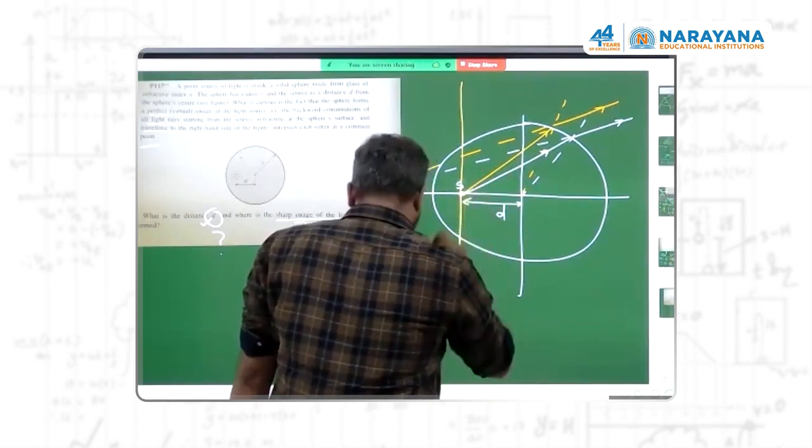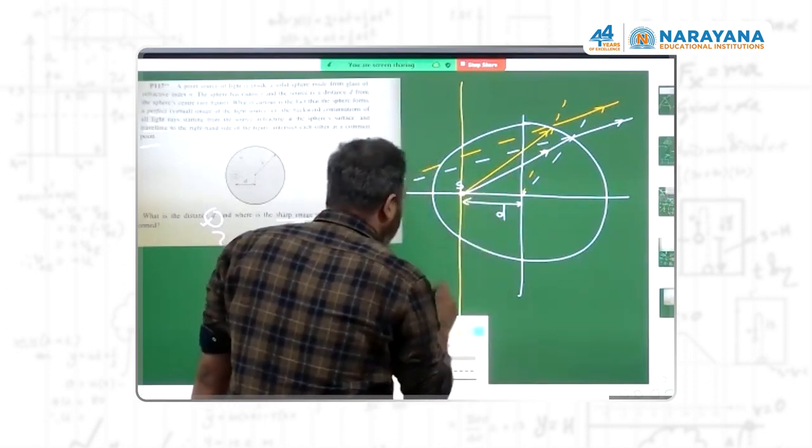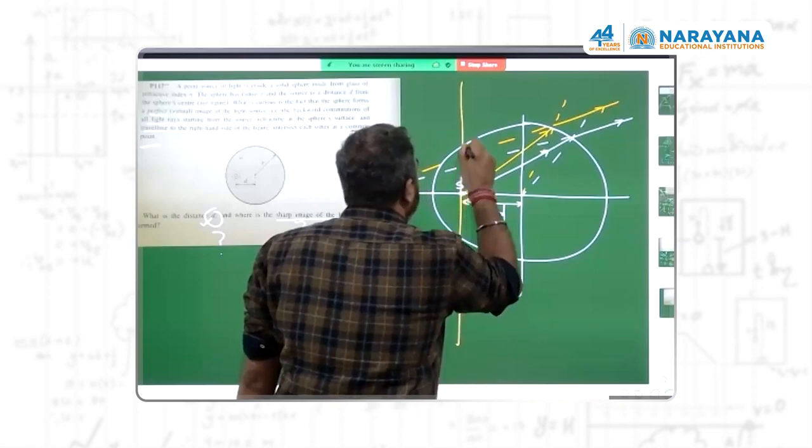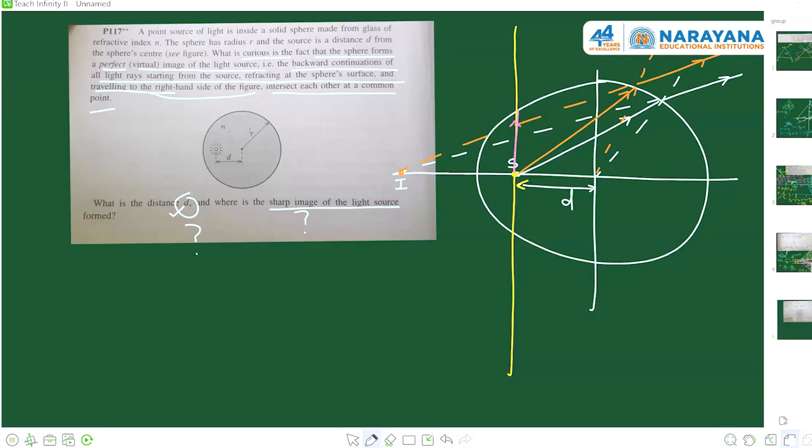If I take a ray which is coming just vertically, and with respect to the normal, this is the angle here. If this angle is the critical angle, then it will come out tangentially from here. And this ray should also come here. That's what he wants. This is the other side, the extreme of the data that he has given, and he wants to cover up the full part.